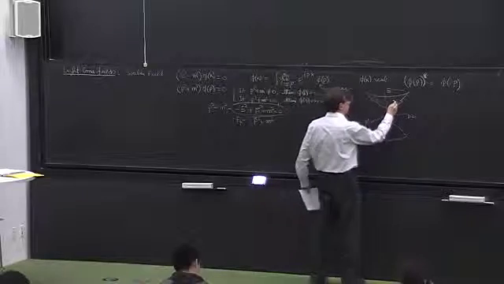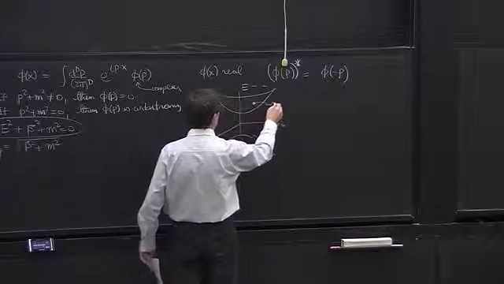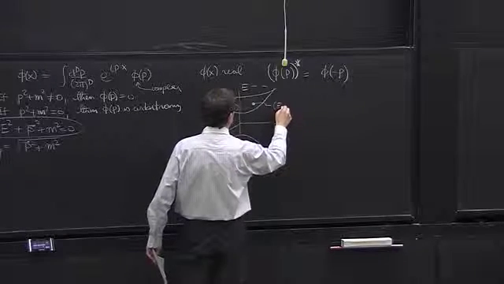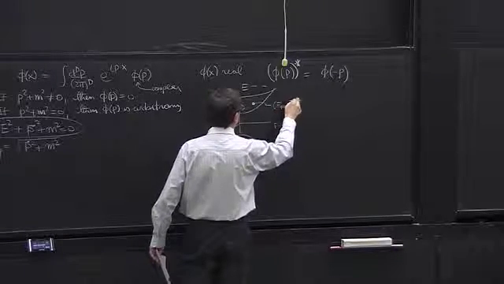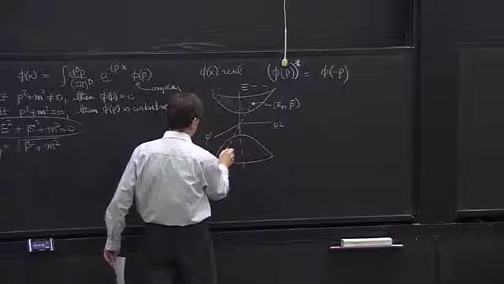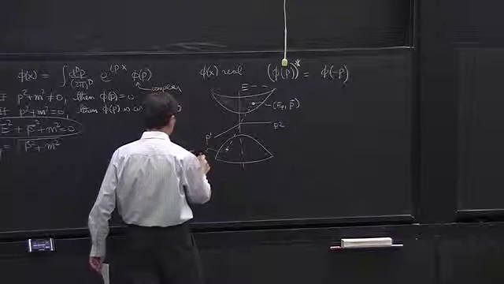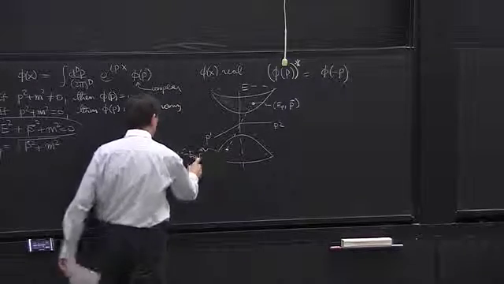Moreover, if you have a point that has values E_p and p, there is the antipodal point that has values −E_p and −p.